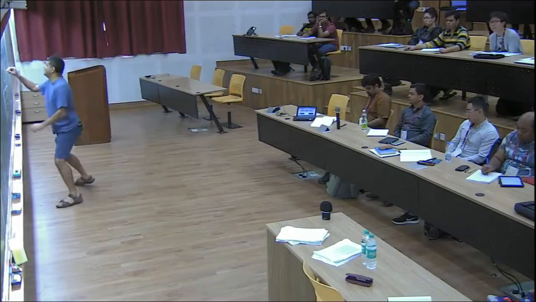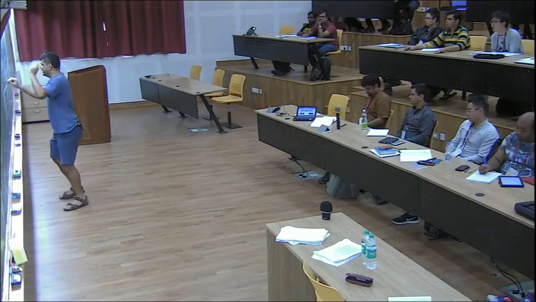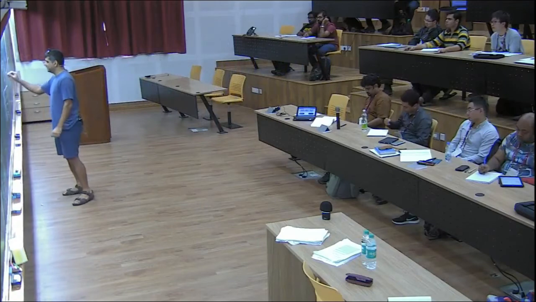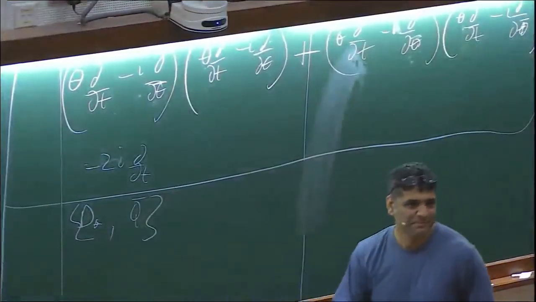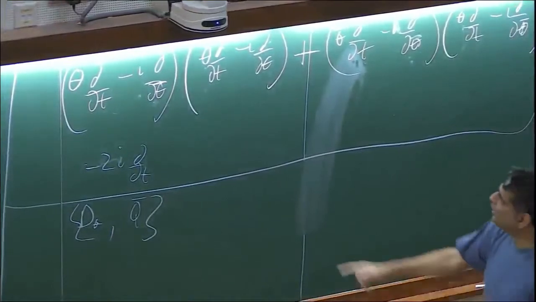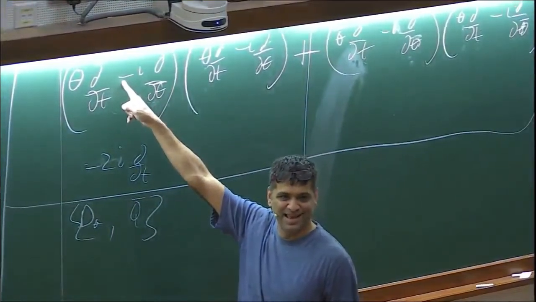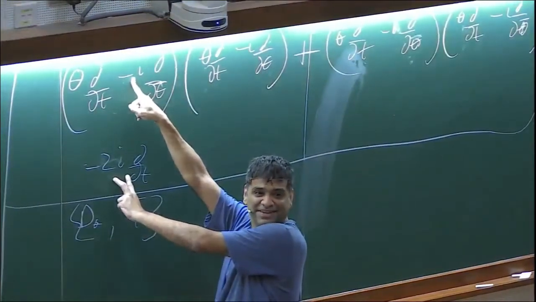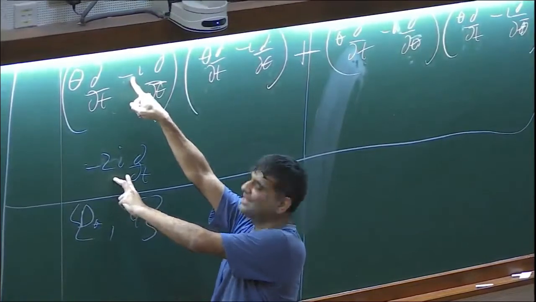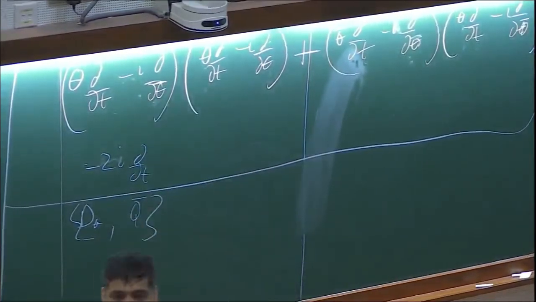However, now what would happen if I computed d theta q theta bar? Okay, the only thing in this calculation that's changed is this sign. And now these two derivatives that had the chance of giving us something non-trivial, one of them comes with a plus sign, and the other comes with a minus sign, and so we get 0.